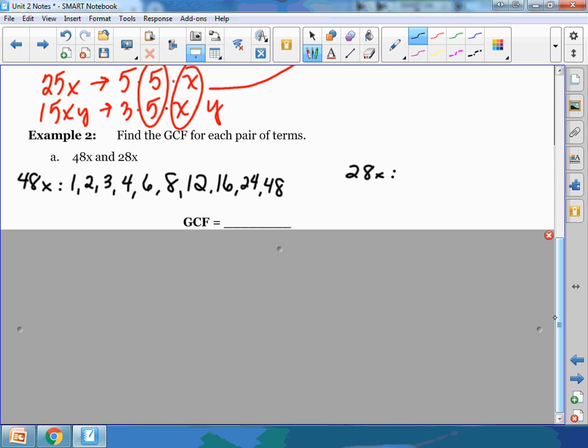And the x. I didn't do the prime factorization. I just listed all the factors. 1 times 48, 2 times 24, etc. 28. 1, 2, 4, 7, 14, 28, and x.